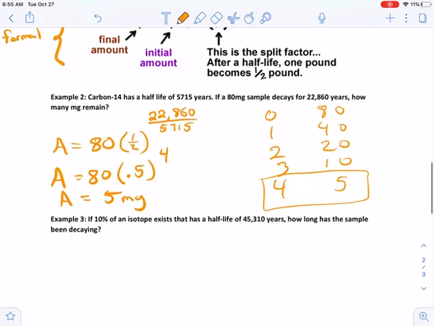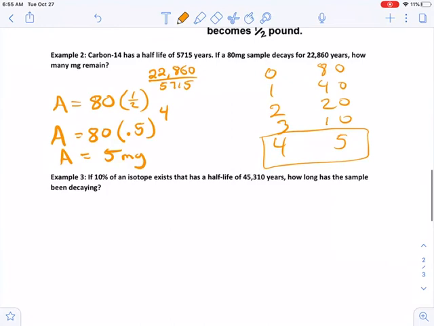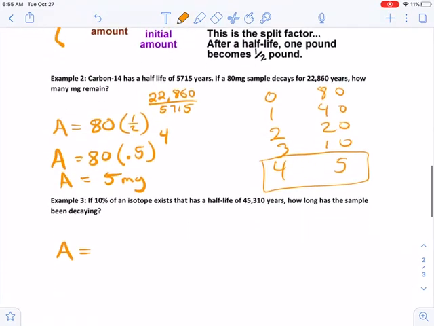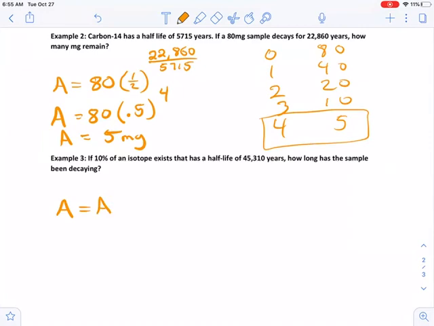Example 3 is another good case of what information we have versus what we don't have. So I might just write the parts of this that are really clear that we know about. And this A naught, or A sub 0, is a label for saying, okay, how much should we start with versus how much was our final amount, which is always on the left-hand side.